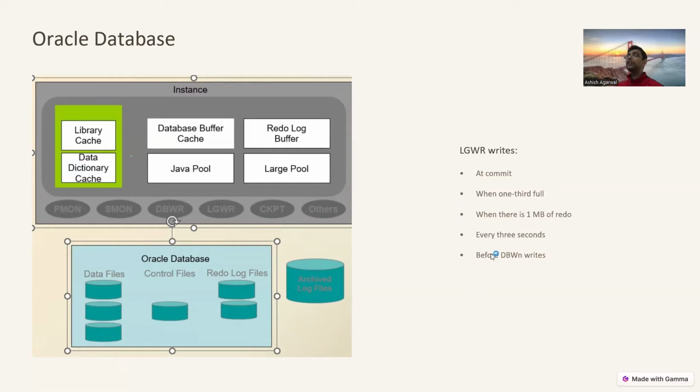Or before the database writer process writes the data from database buffer cache to data files. So when you update the record, the copy of that change gets written to redo log buffer. And then from redo log buffer, it gets written to redo log file under these conditions. So either at the commit, or when it is one third full even though it is not committed, or when 1 MB of redo is there even though one third is not full.